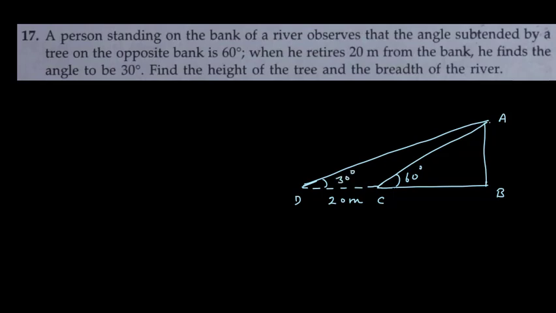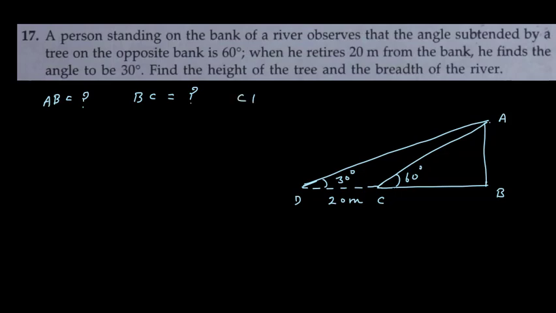is 30 degree. Now I have to find the height of this tree and the breadth of the river, so this AB and BC I have to find out. AB is question mark, and BC is also question mark. What is given?